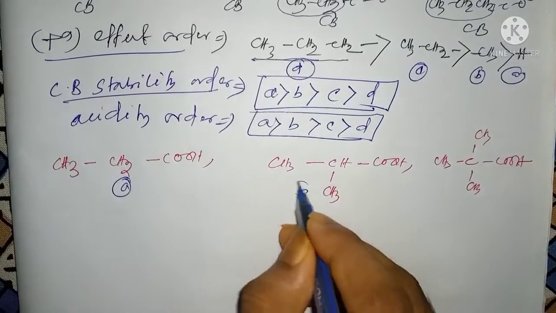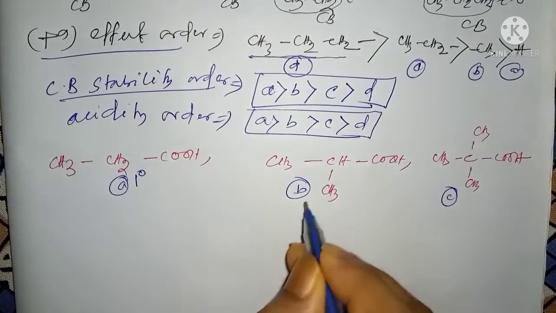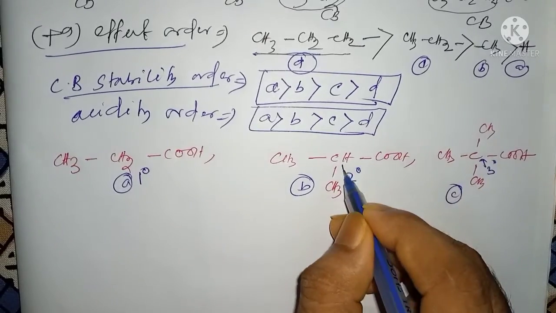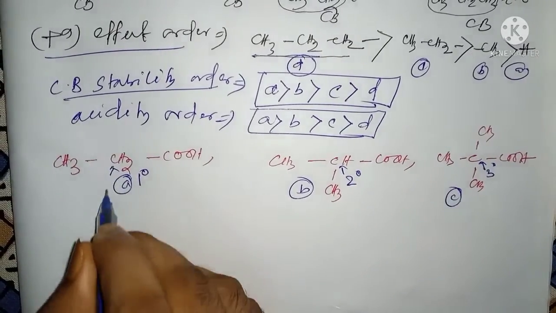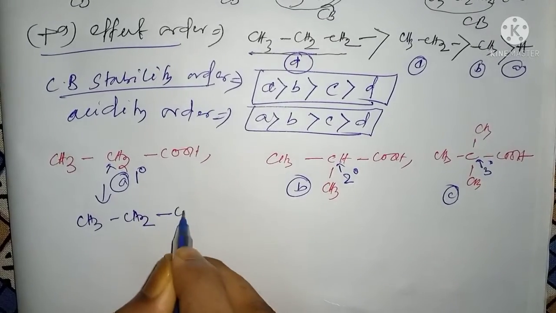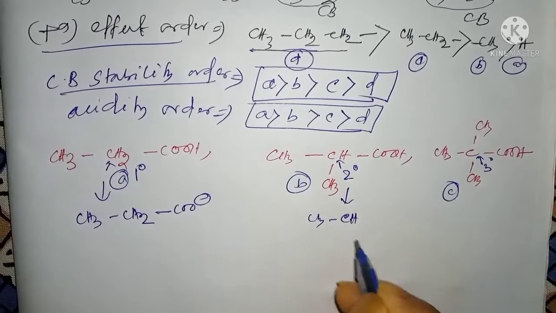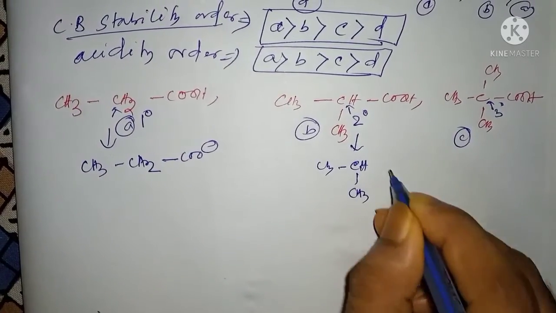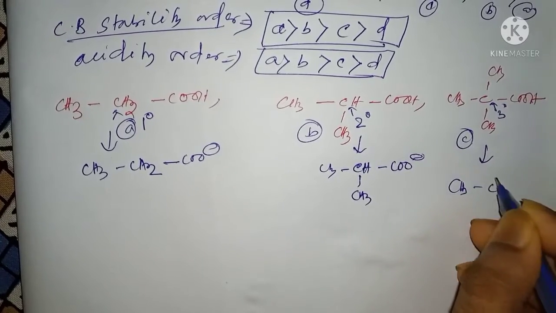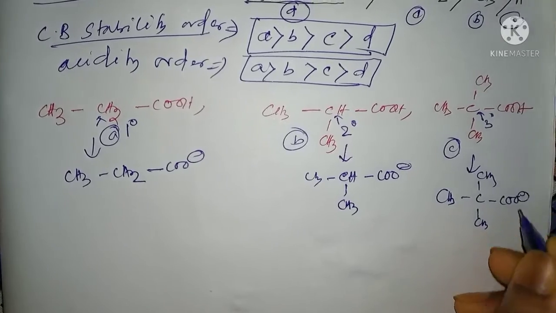These are A, B, C. This is 1 degree carbon, 2 degree carbon, 3 degree carbon. After forming the conjugate base we get the COO negative species.